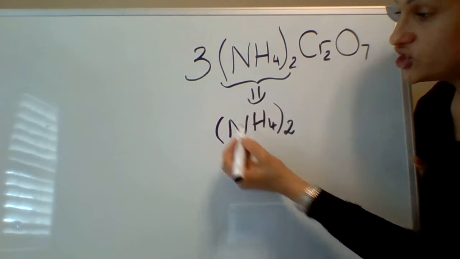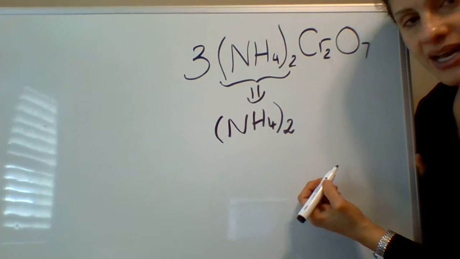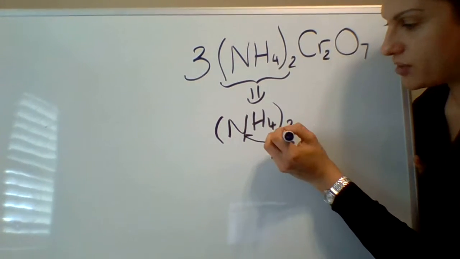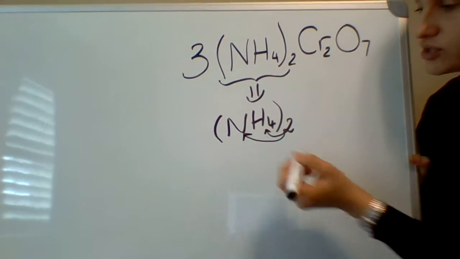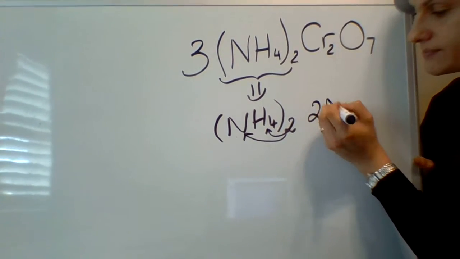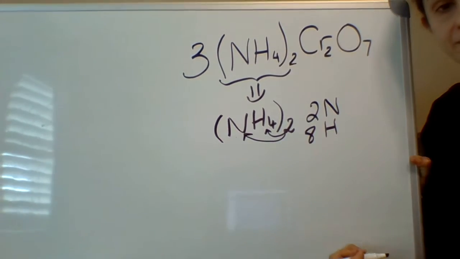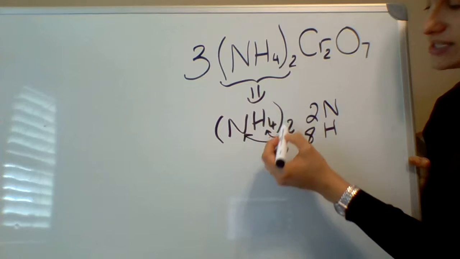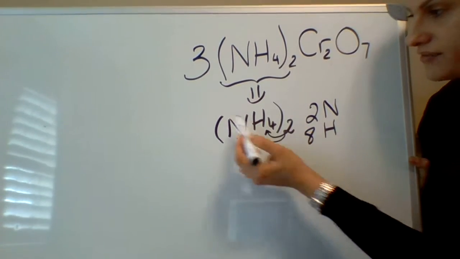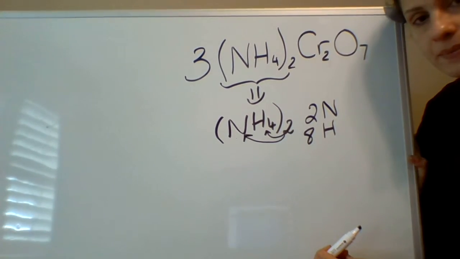So if I, just in this section, asked you how many nitrogen do you have, you would take the 2 and multiply it by each subscript. So just here, you would say, well, I have 2 nitrogen and I have 8 hydrogen. So when you see these parentheses around a compound, it is saying that you have 2 of this compound, because NH4 is a compound in itself.